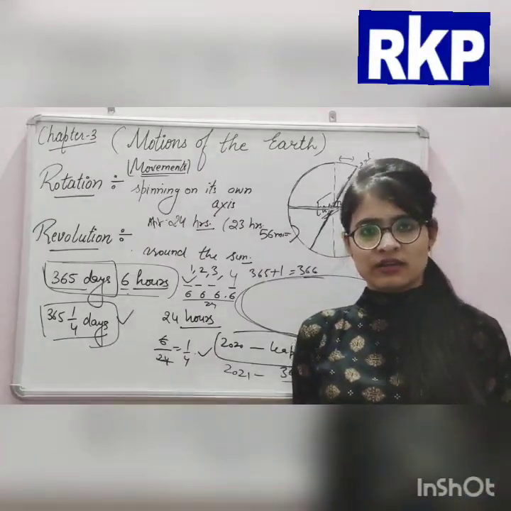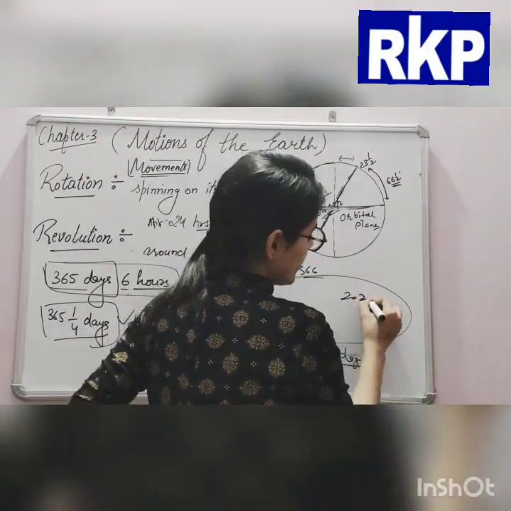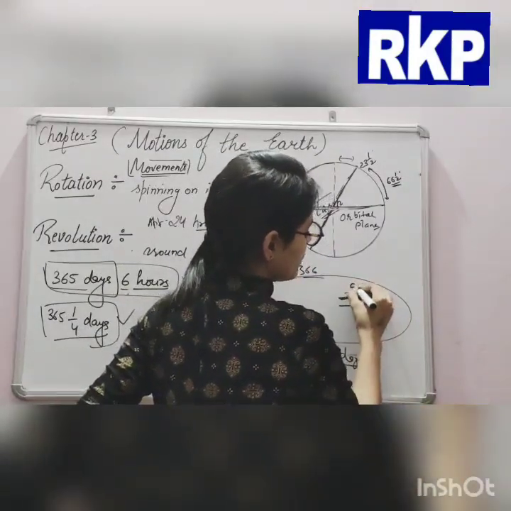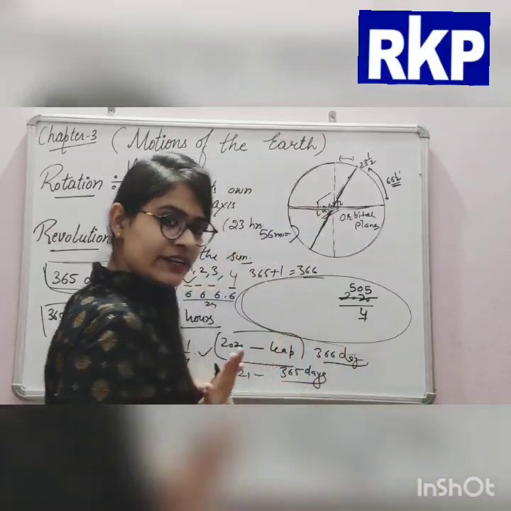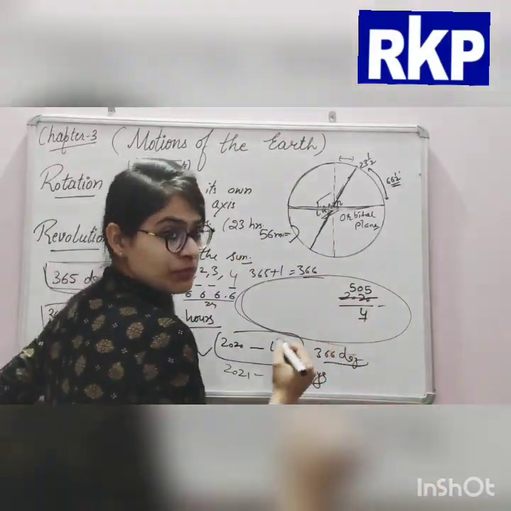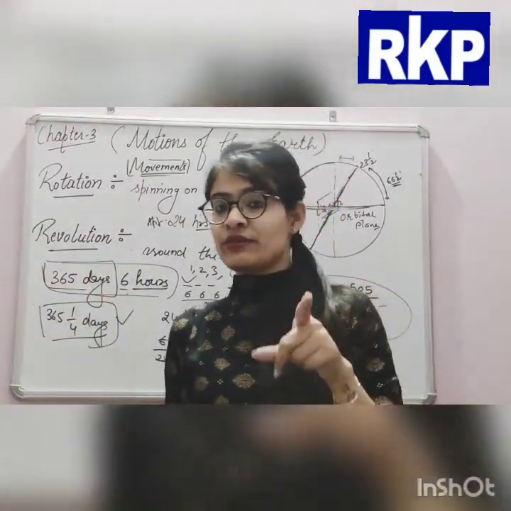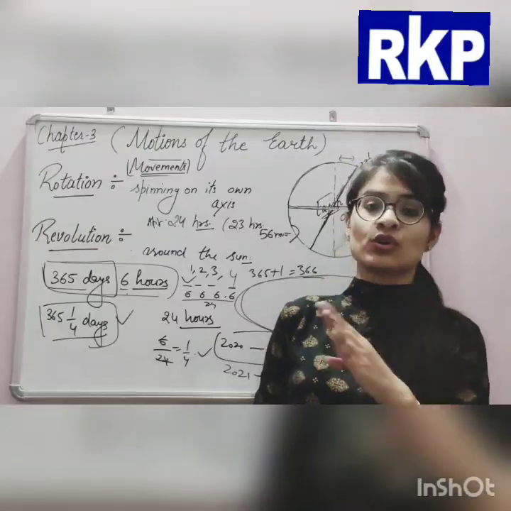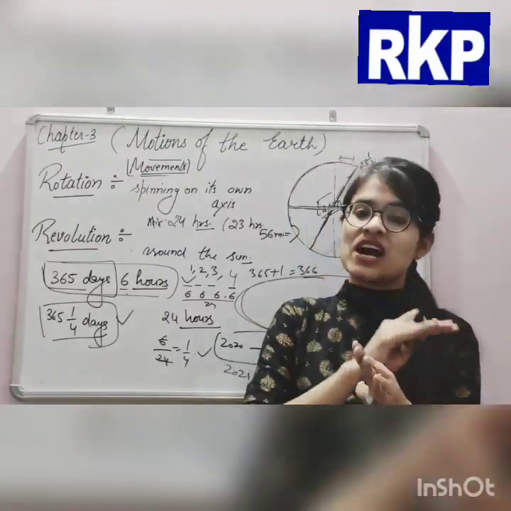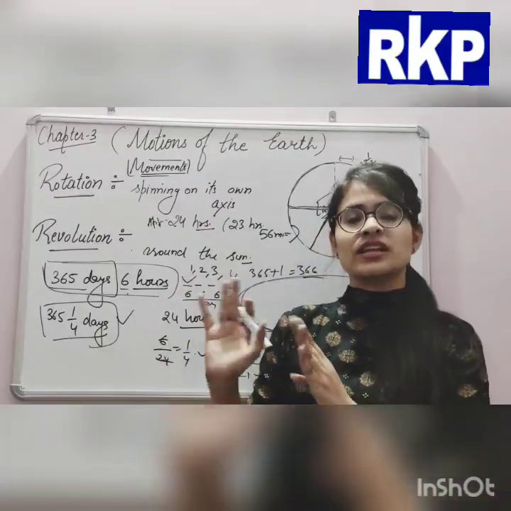Like 2020, divide it by 4, it is completely divided, no remainder. So it is a leap year. Next, 2021, not a leap year. 2022, no. 2023, no. 2024, yes, because every fourth year is a leap year.